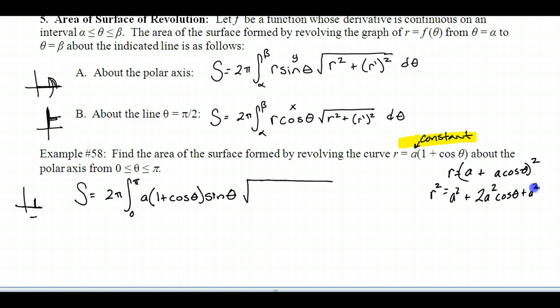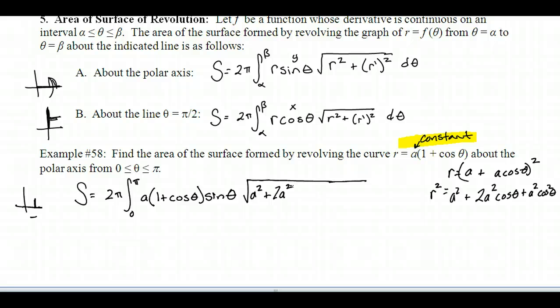Plus a squared cosine squared theta, which is quite ugly, but very, very similar to our last problem. So if we write all of that in, we will be able to factor out the a squared here. But a squared plus 2a squared.